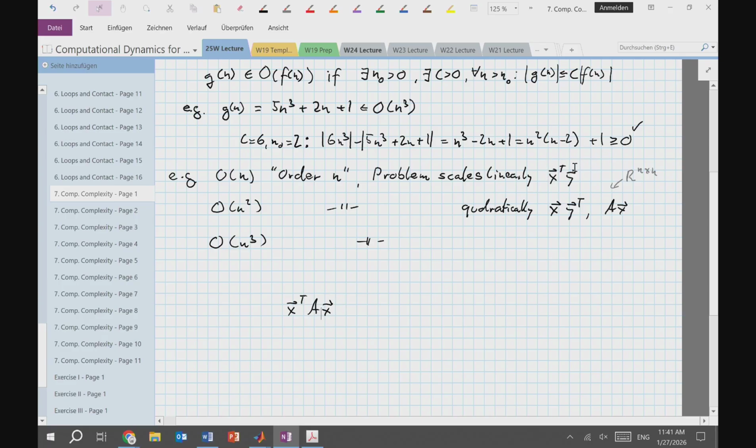Roughly, I need n square multiplications to do the matrix times vector multiplication, and then n multiplications to do the dot product. Plus additions and stuff, but we have something that scales with n square, and something that scales with n. And for large n, the stuff that scales with n doesn't matter. So this is still order n square.